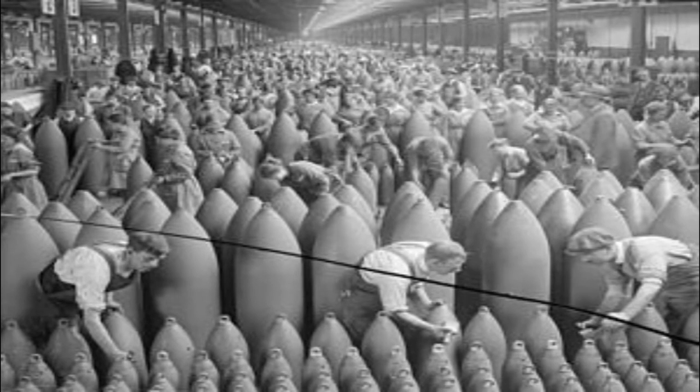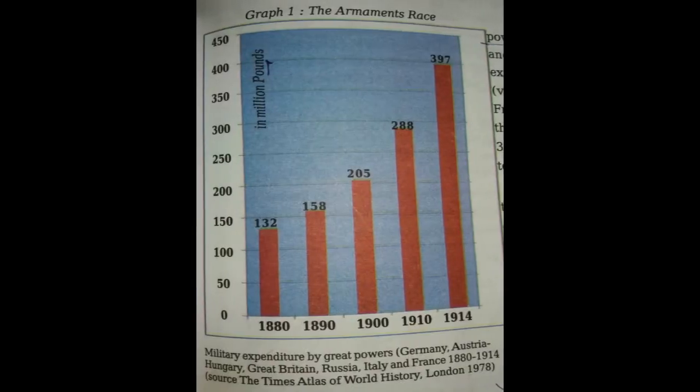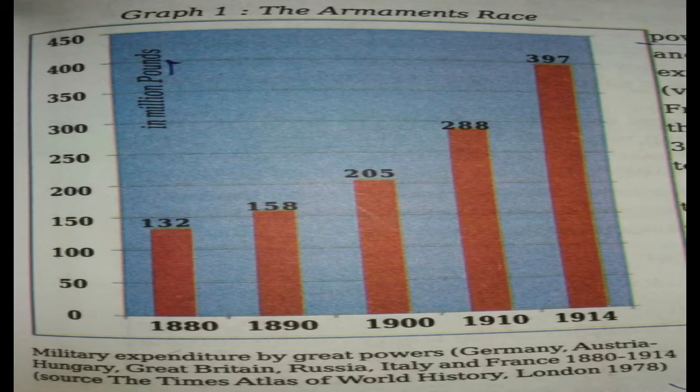When war industries can develop, when war continues; if there is no war, war industries can't make progress, they can't develop. That's why they promoted this idea. And you look at the graph that has been given: the expenditure of some of the military forces, Germany, Russia, Austria, Italy, France, and Great Britain, how much they increased.